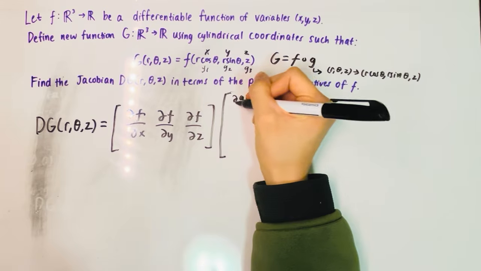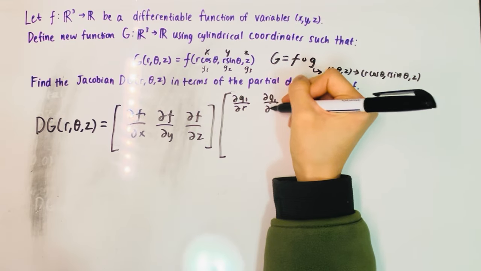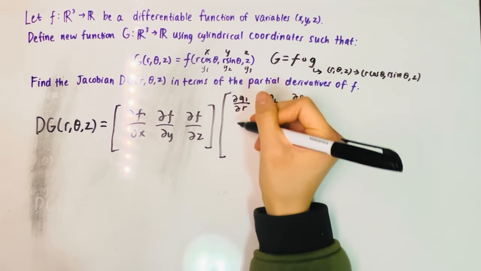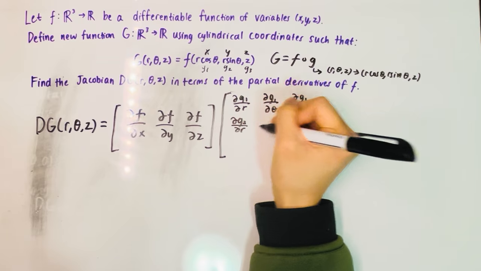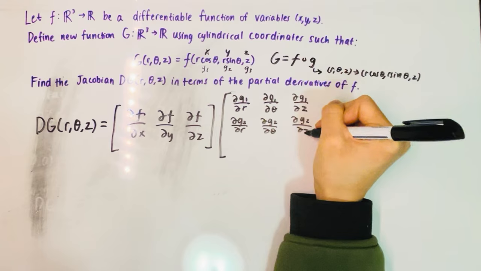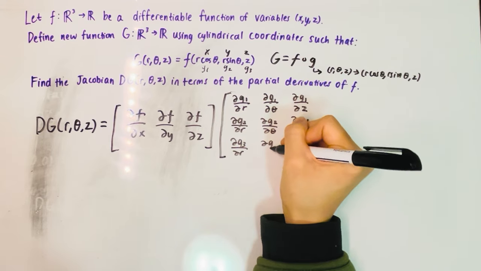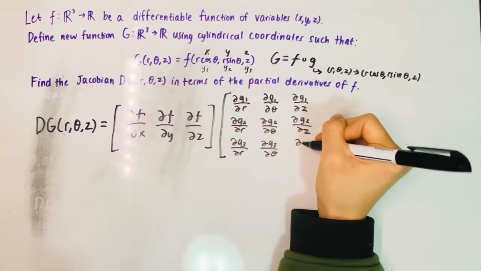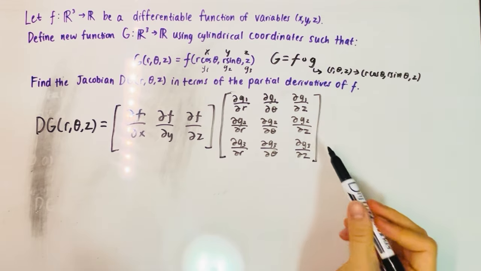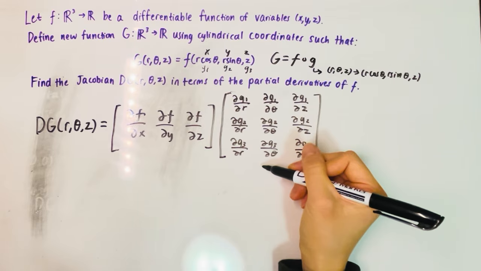So ∂g1/∂r, ∂g1/∂θ, ∂g1/∂z, ∂g2/∂r, ∂g2/∂θ, ∂g2/∂z, ∂g3/∂r, ∂g3/∂θ, ∂g3/∂z. Okay, and these derivatives are pretty easy to compute, so let's just do that.